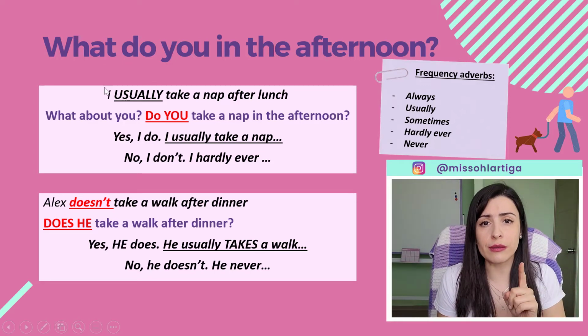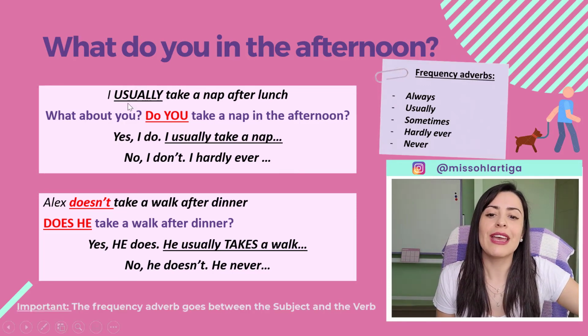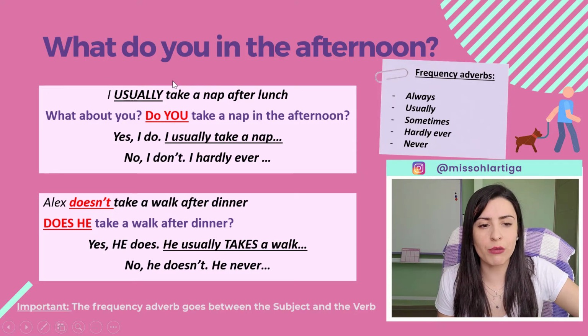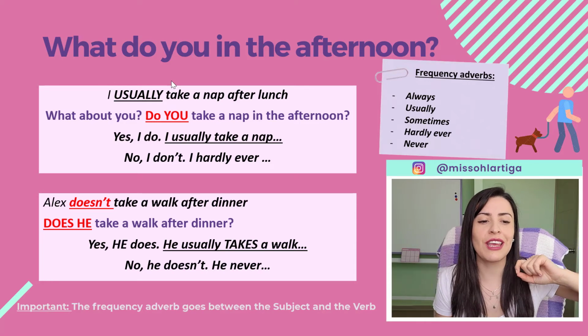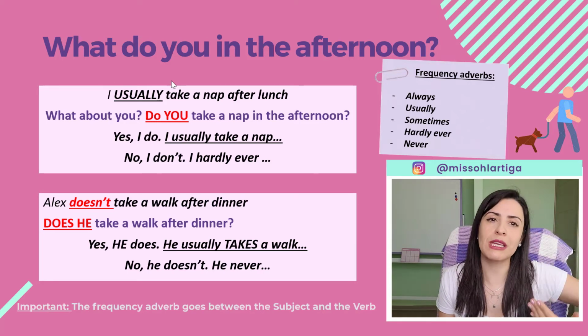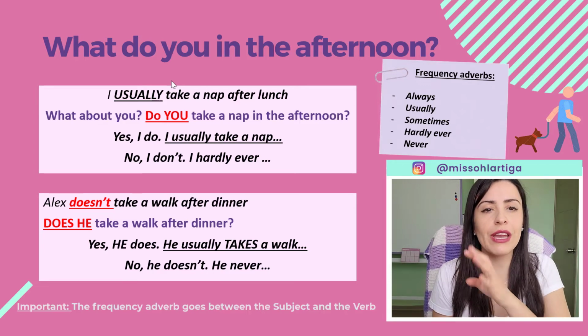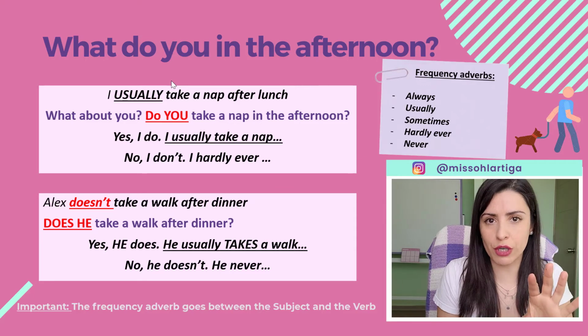La ubicación del adverbio de frecuencia es súper importante porque va entre el sujeto y el verbo. Bueno, a no ser sometimes, que sometimes es un poquito más libre de usar, pero generalmente si queremos respetar la gramática deberíamos usarlo entre el sujeto y el verbo, between the subject and the verb, okay?